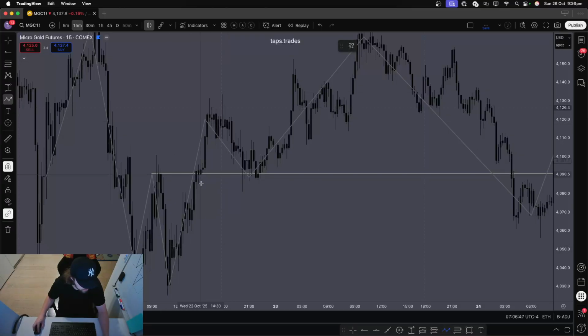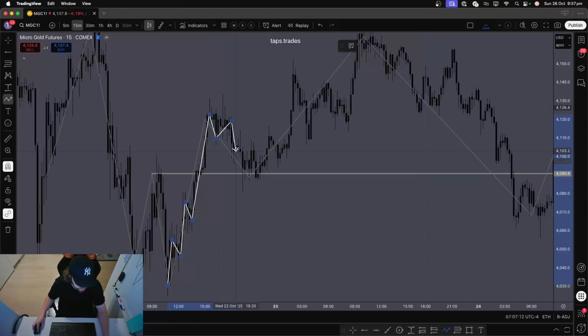Okay, so we create a low, a high, a higher low, a higher high, a higher low, a higher high, a higher low. Oh, okay, so we don't create another higher high.